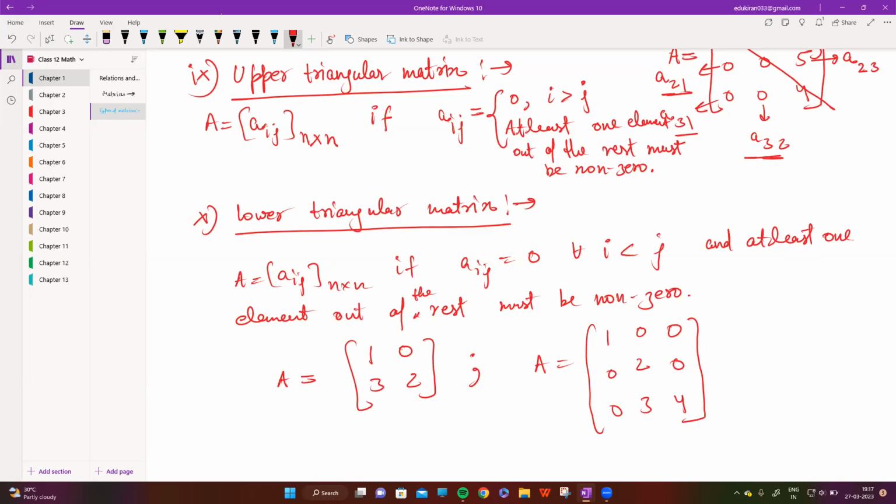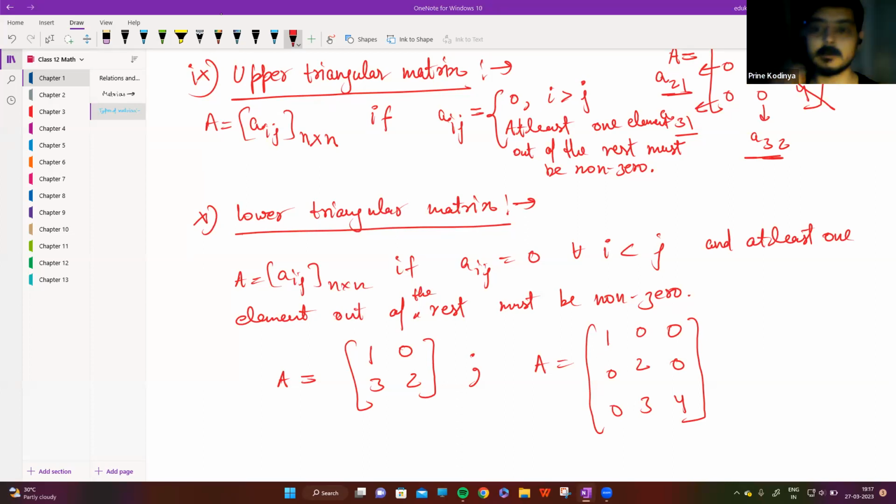We are not saying that all the lower triangular elements must be non-zero. You understand this fact, right? We are saying that upper triangular elements must be 0, and at least one out of all these 6 must be non-zero.